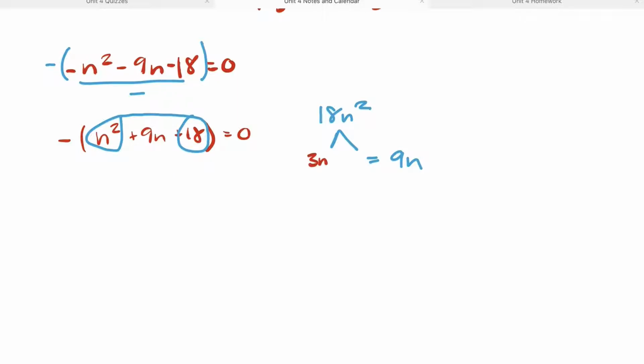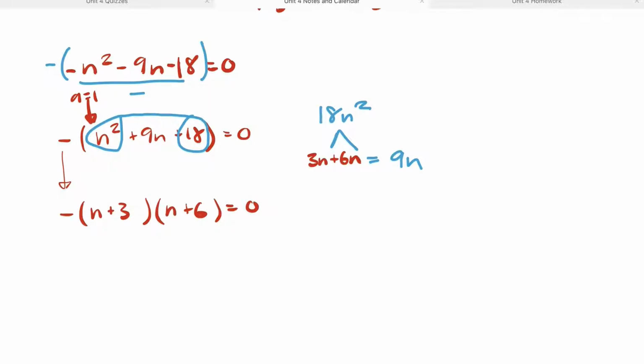So 3n plus 6n. Since the leading coefficient here, a equals 1, we can use the shortcut. Just keep your greatest common factor still in the front. So we'd have n plus 3 and n plus 6.